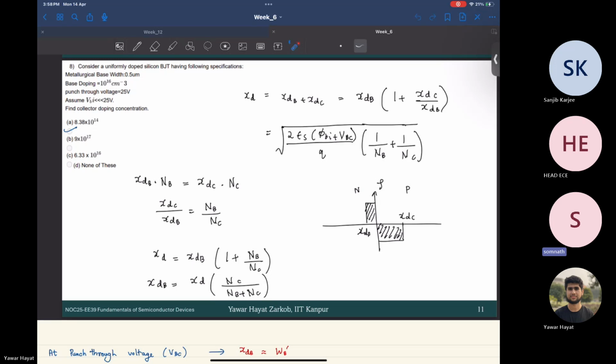And then, from the charge balance side, XDB times the doping in the base is XDC times the doping on the collector side. What is this doping?